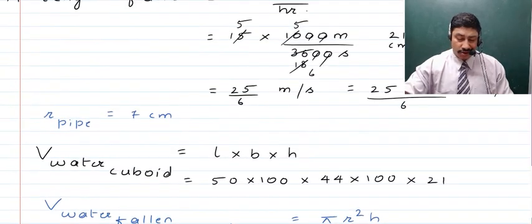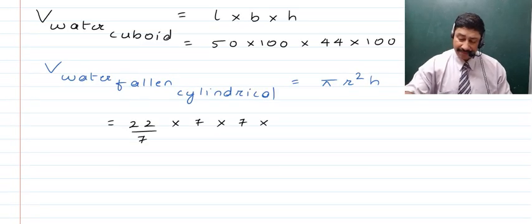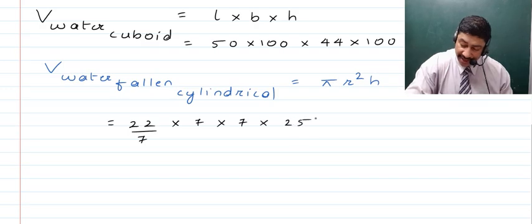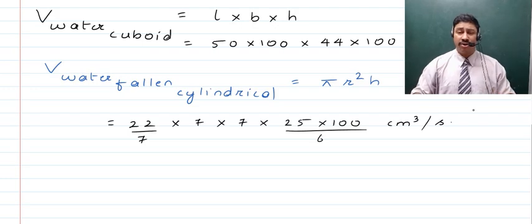And remember, we talked about the speed, that was the length of water which has fallen in a single second, and that came out to be 25 into 100 divided by 6. So into 25 into 100 divided by 6, this in centimeter cube, right, per second is the amount of water which has fallen off from the pipe in 1 second.